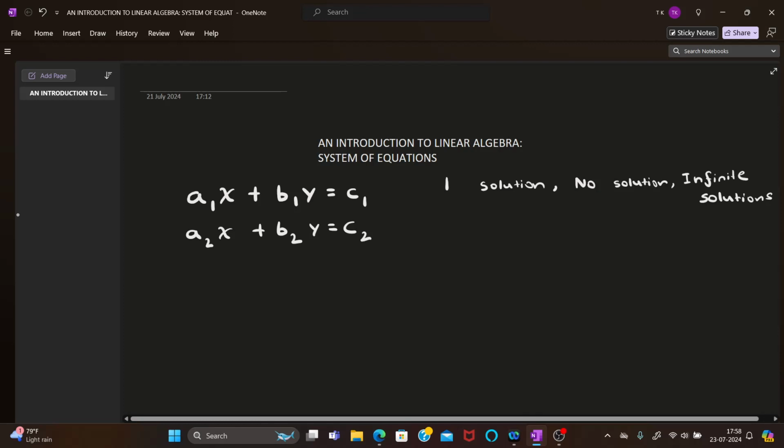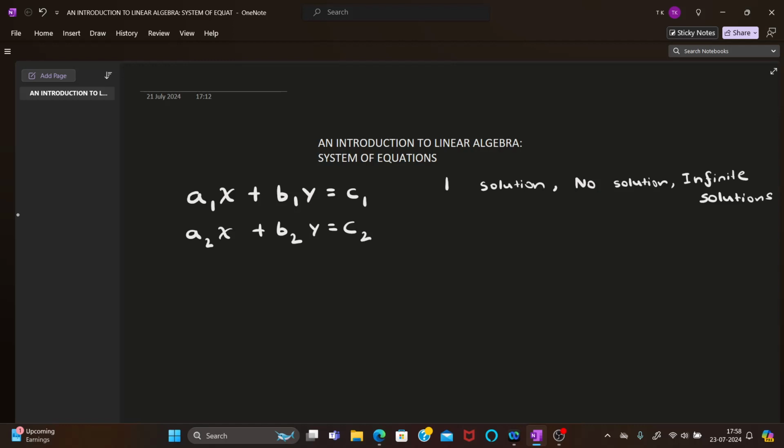And there are three possible cases for these, right? So one solution, no solution, and infinite solutions. The solution in a system of equations is essentially just the values for the variables x and y to satisfy the conditions. So I'll be giving examples of all these.